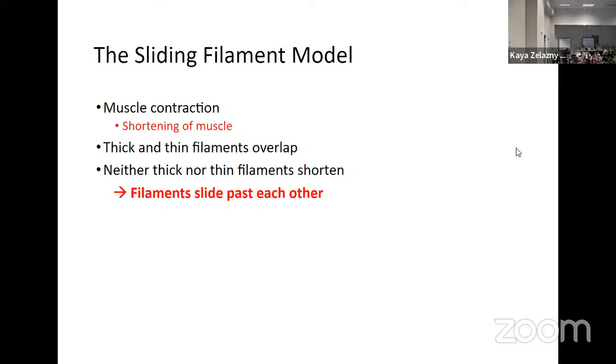So the sliding filament model, I just modeled to you with my hands, and in that sarcomere activity, I've also linked you to a copy of a Google slide where I just gave you two sets of thin filaments and a set of thick filaments, so you can practice seeing how they can slide past each other and make a shorter sarcomere without actually shrinking the size of either of those proteins.